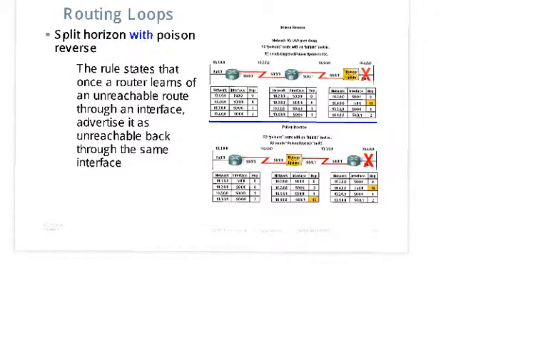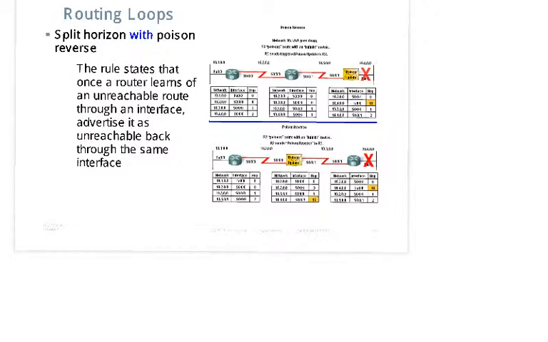So if router 2 receives the poison update, it will not update this as unreachable because it's directly connected to it. It will not take this poison update. But if router 2 does not have any new route to this network, it will update the fact that this network is now unreachable, which is valid from the split horizon rule point of view. From the split horizon rule, if the update is coming from this side, I will accept it and update this as unreachable.